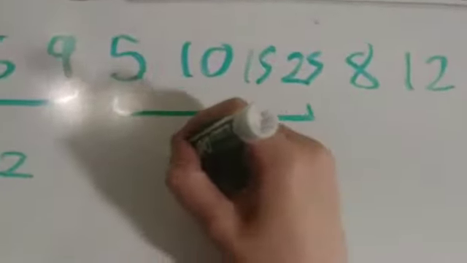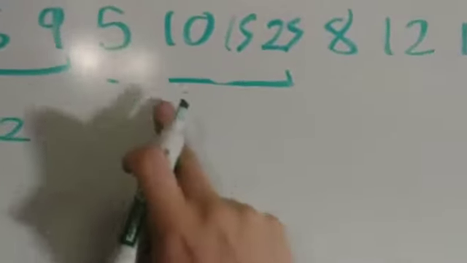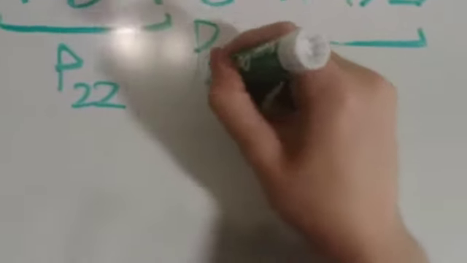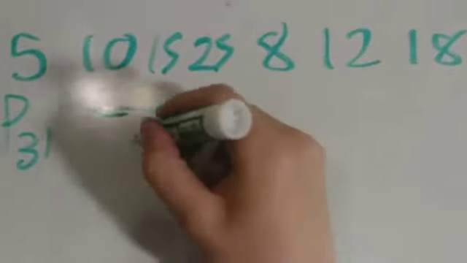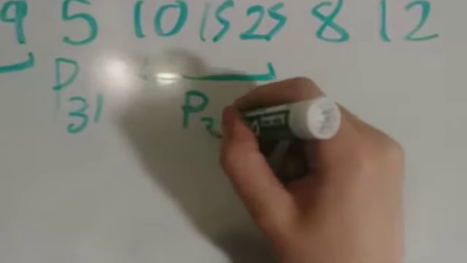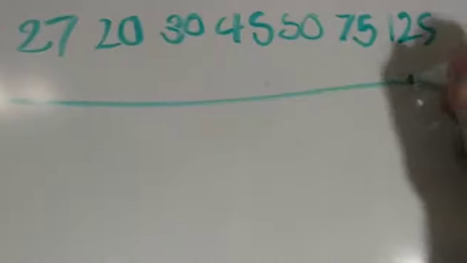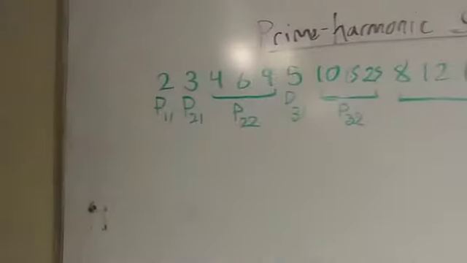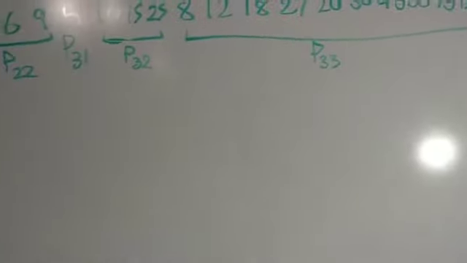This is, oh, oops, I messed that up too. So this is P31, this is P32, and this is P33. So as you can see, a lot of space is saved with this new notation.